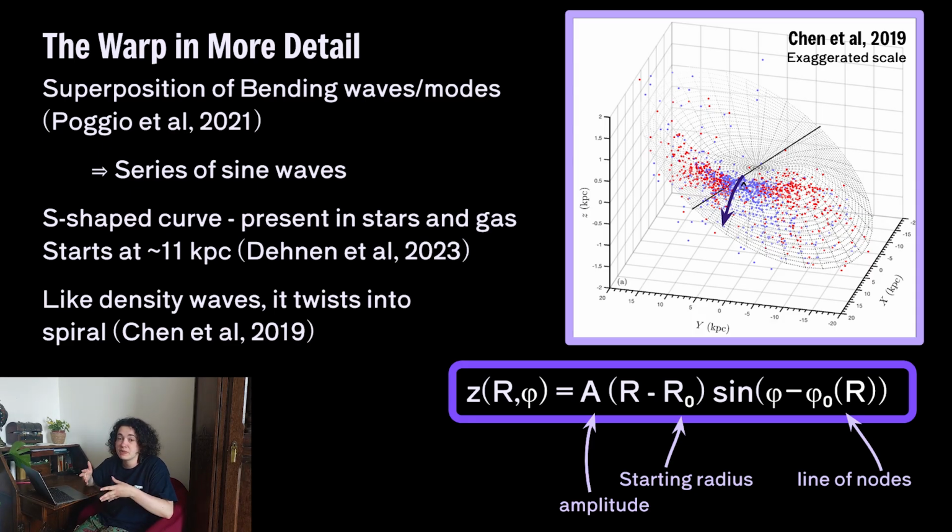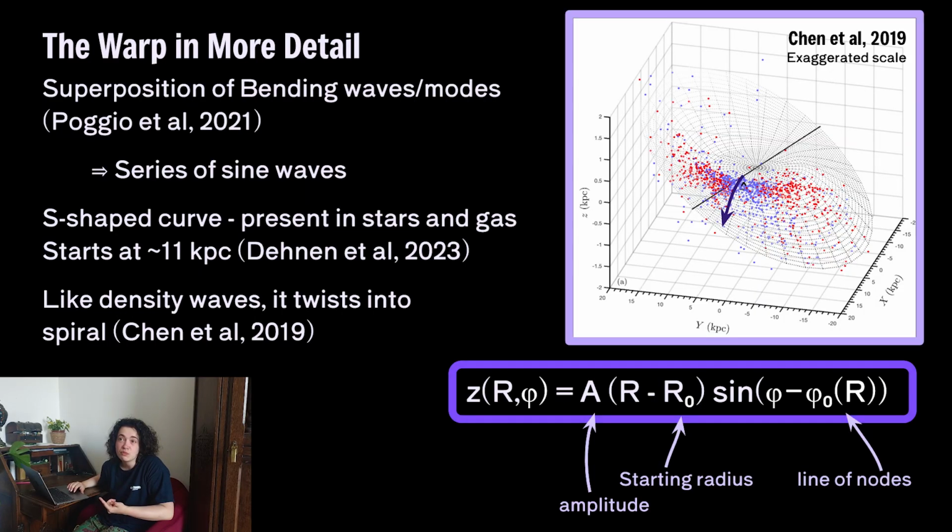Typically we would formally represent it with sine waves, so sinusoidal waves, up and down waves. Within the Milky Way, it's the m=1 mode, where one side of the disk is up and one side of the disk is down.